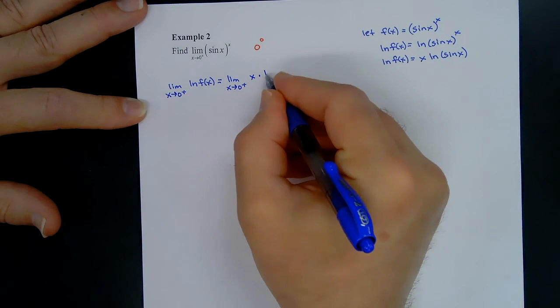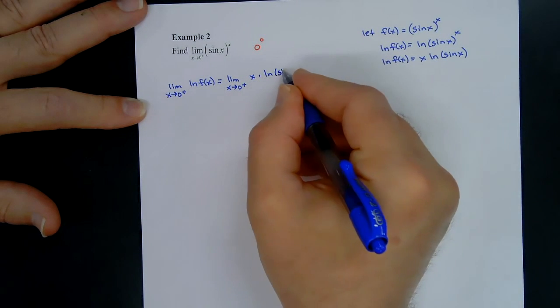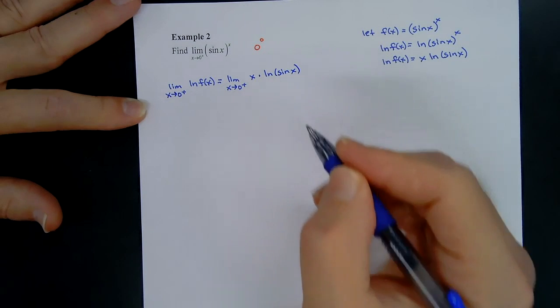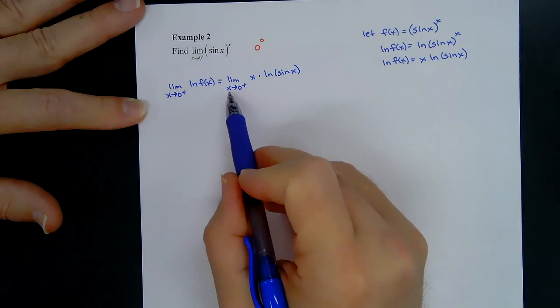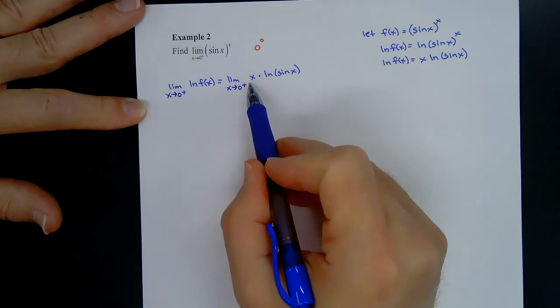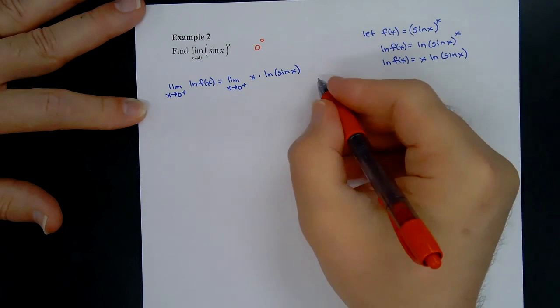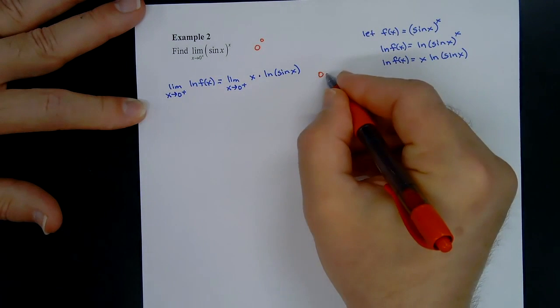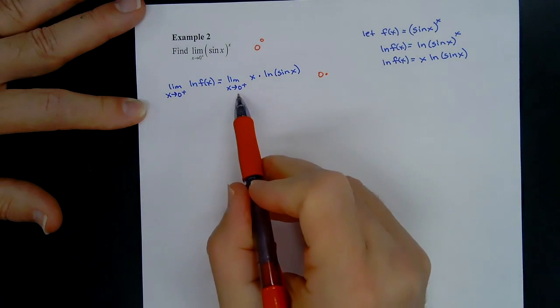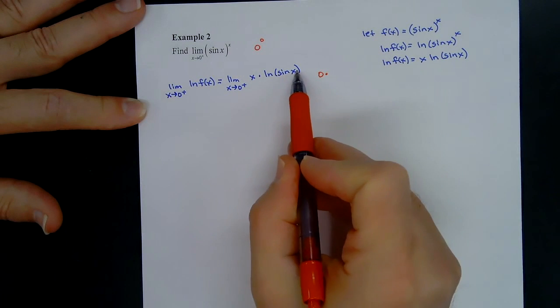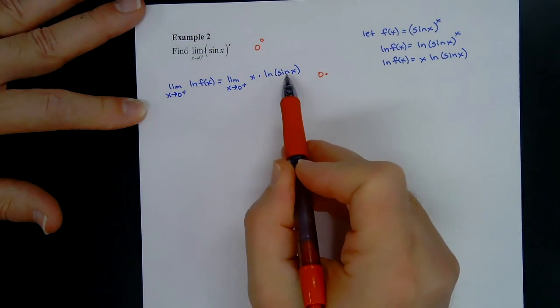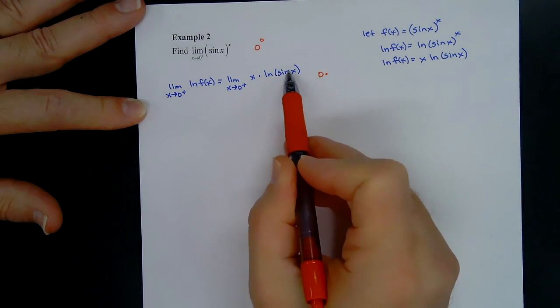So x times ln of sine of x. All right, so as x approaches 0, this is getting closer and closer to 0. So what we have is 0 times, and as x approaches 0, sine of x gets closer to 0. Okay, so this is getting closer and closer to 0.